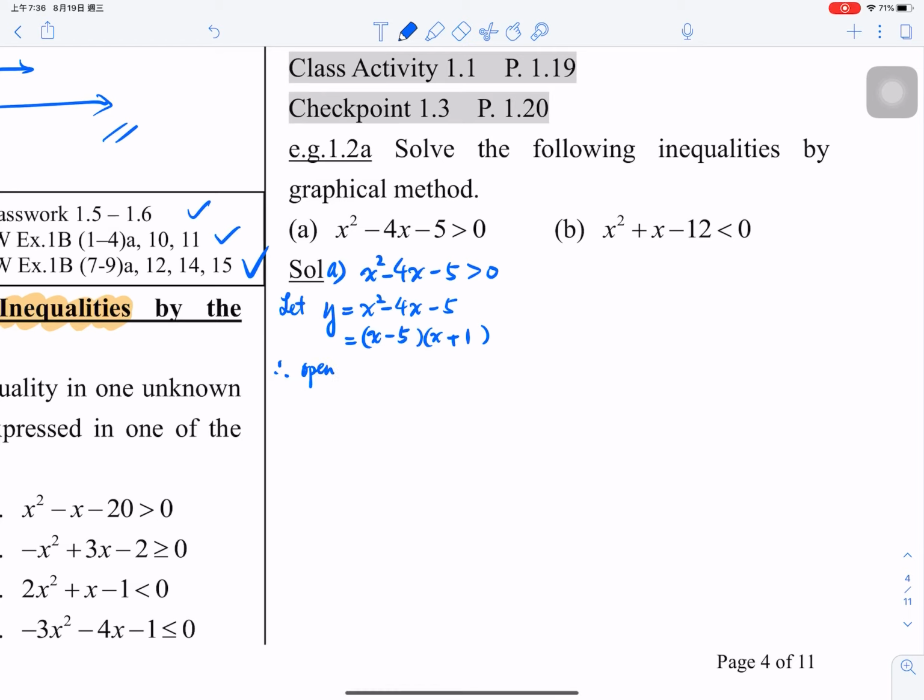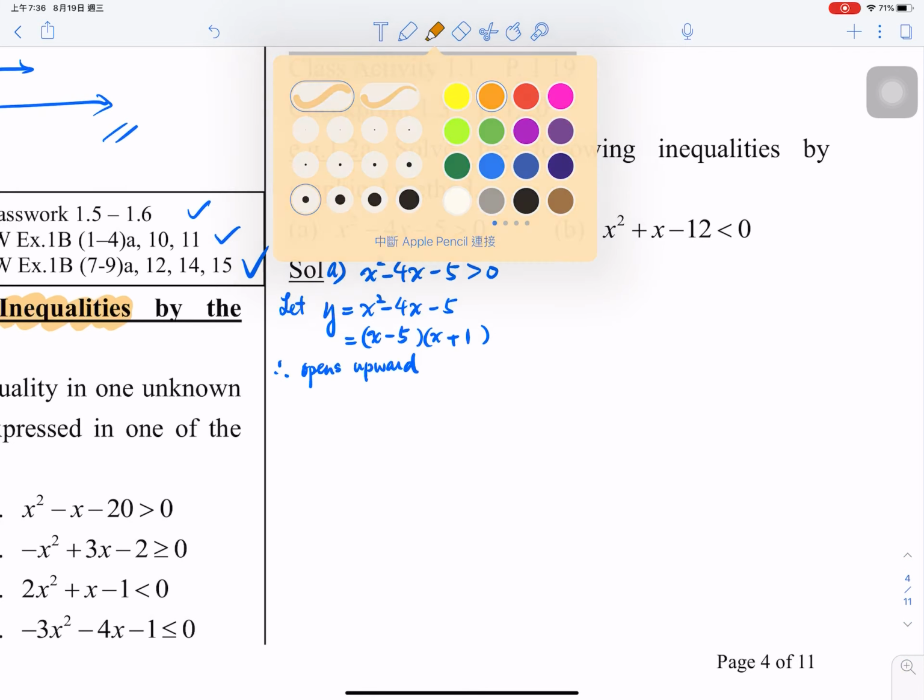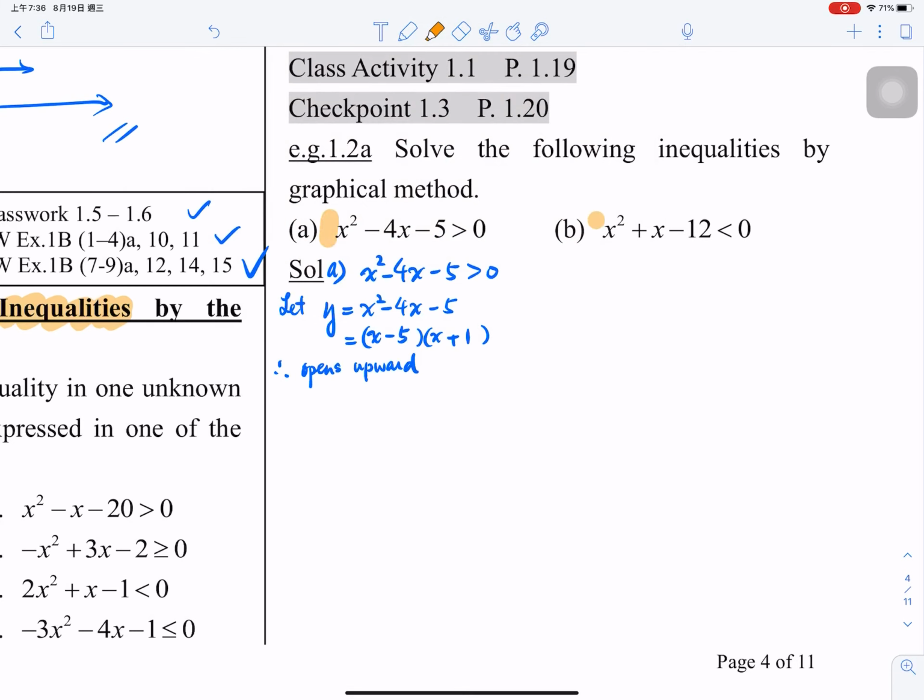So this one first opens upward, right? Because the coefficient of x squared, that means a, is greater than 0. Okay, so opens upward. Secondly, what are the x-intercepts? Yeah, x-intercepts are 5 and -1.